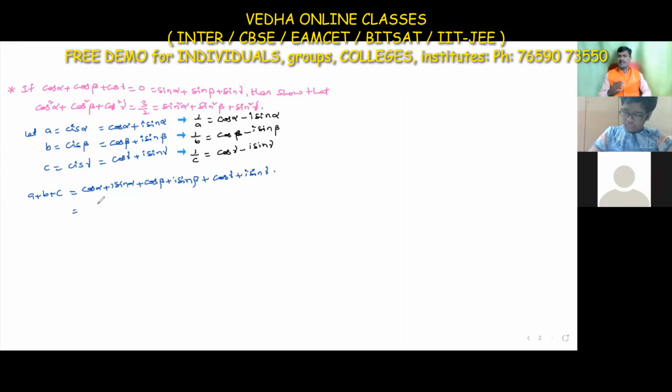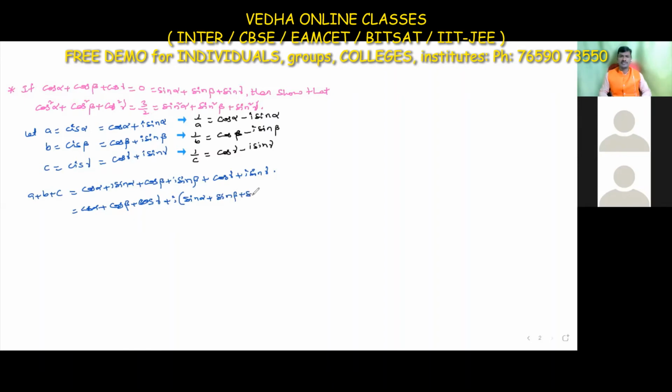Separate the real part and imaginary part. The real part is cos alpha plus cos beta plus cos gamma. Take i common, then sin alpha plus sin beta plus sin gamma.